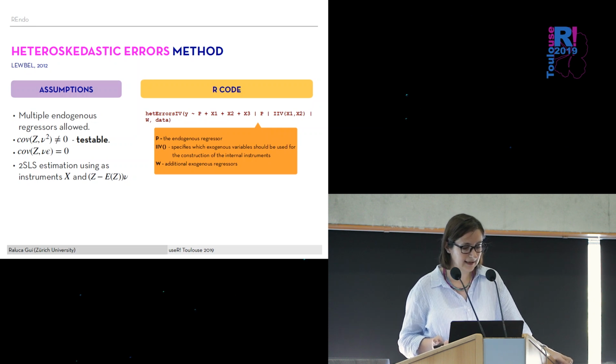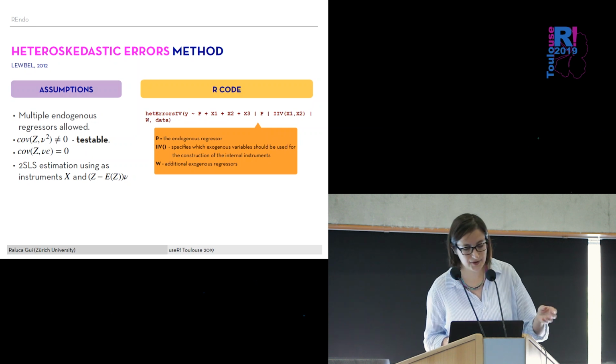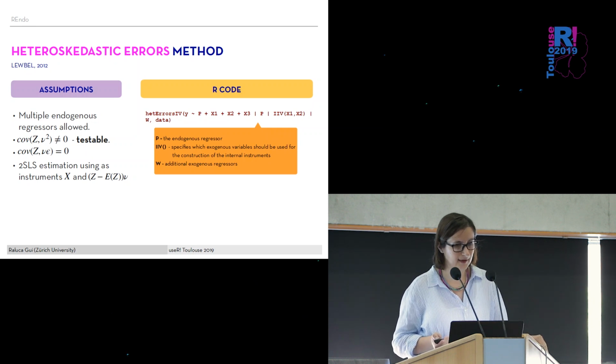It has many assumptions, but one very important one is that the covariance between the set of instruments Z and the square of the errors is different from 0, where Z can be all of your exogenous variables or a part of them. So it can be x1 or x1, x2 in this case.